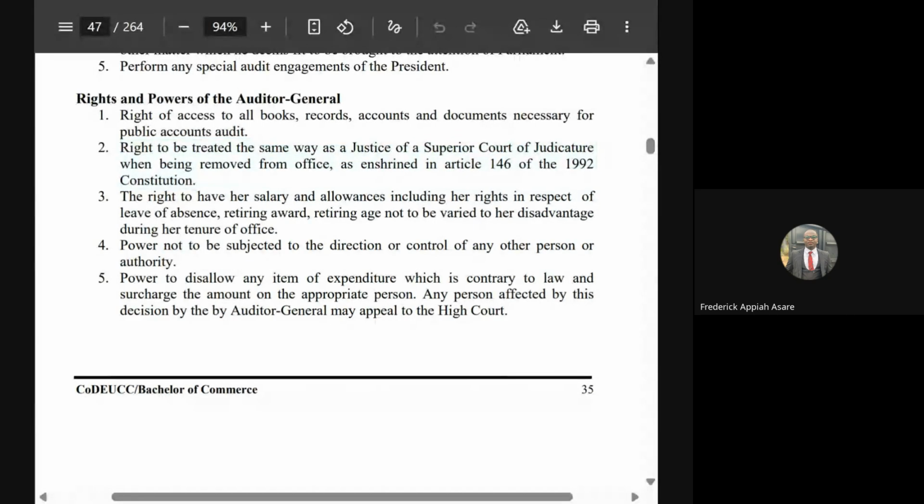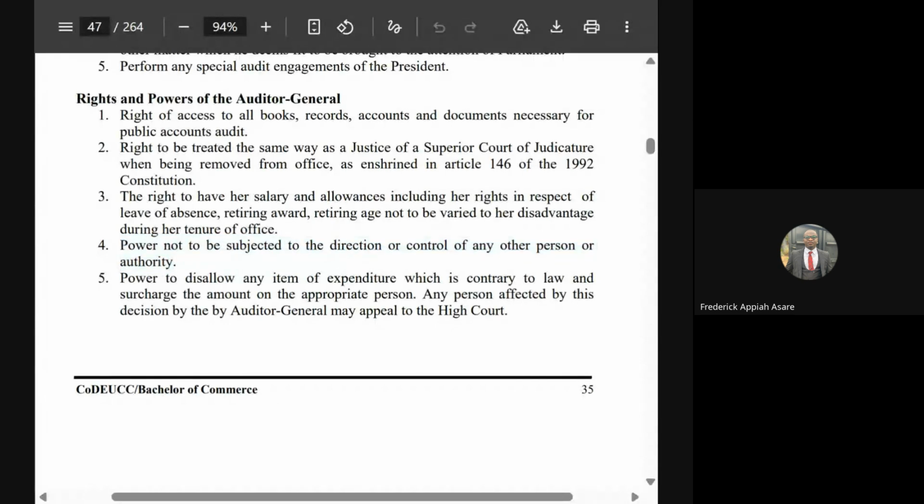He has a right to salary and allowances, including rights in respect of leave of absence, retiring award, and retiring age, not to be varied to his disadvantage during his tenure of office. He has the power not to be subjected to the direction or control of any other person or authority.